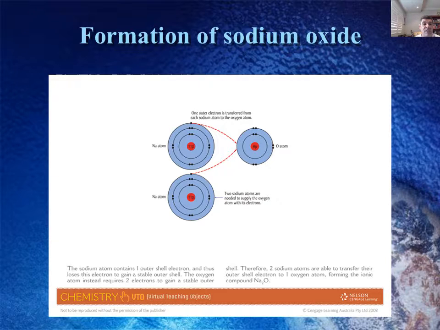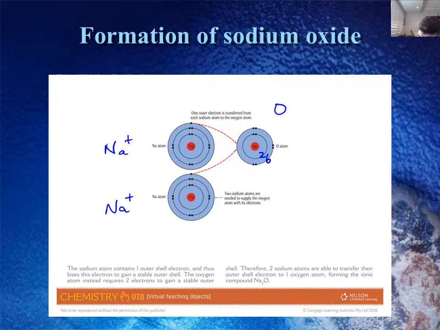We can use this understanding of how electrons are moving from one species to another to explain some of the important formations of ionic compounds. So ionic compounds are formed when 2 ions, 2 oppositely charged ions, attract one another. So here again we have sodium ions, and we know each of these is going to lose 1 electron and form a sodium 1 plus. But over here we have oxygen, and oxygen has a 2,6 arrangement as its electron configuration.